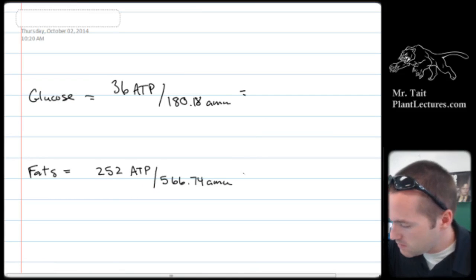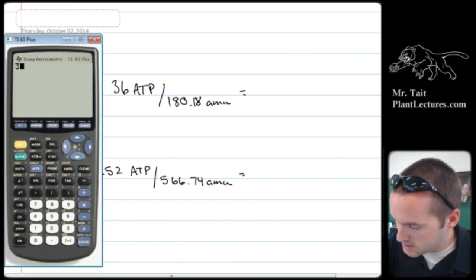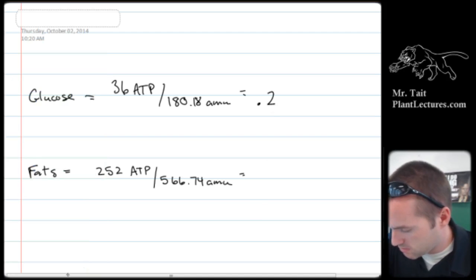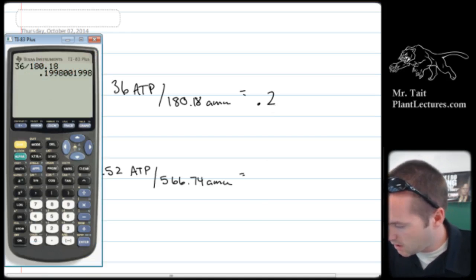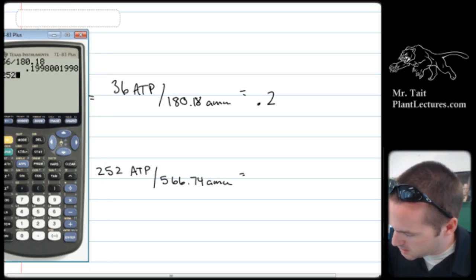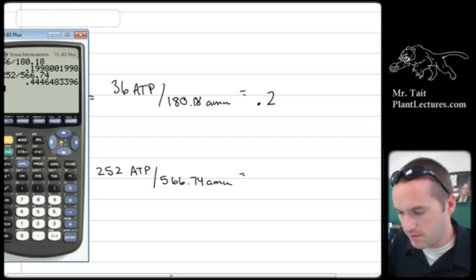So if we do 36 divided by 180.18, we get, we'll just call it 0.2, pretty close. And then this one was 252 divided by 566.74, and that one's like 0.44.